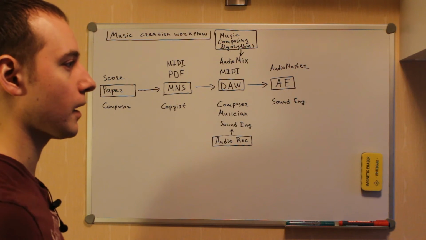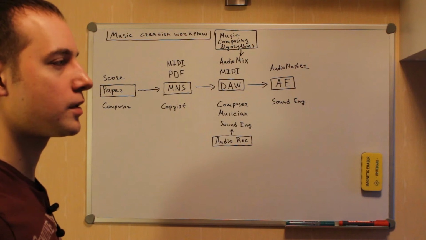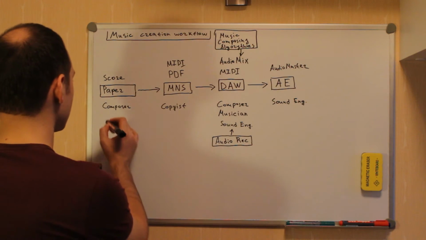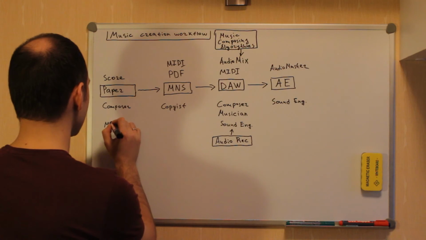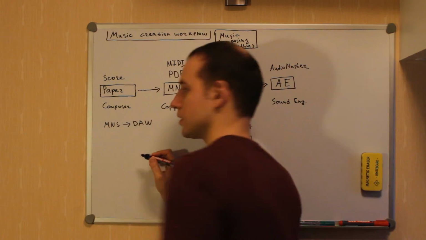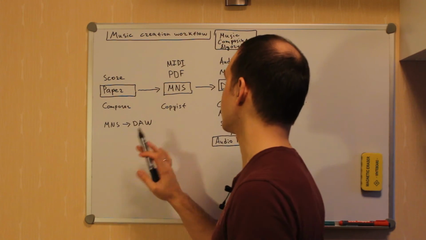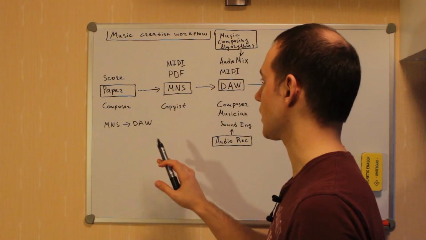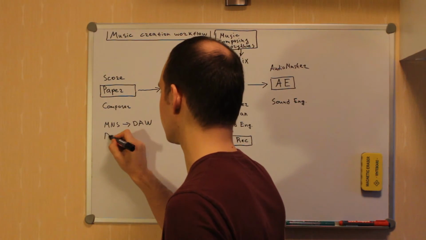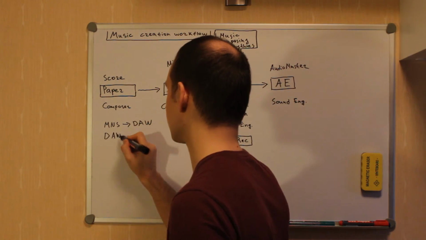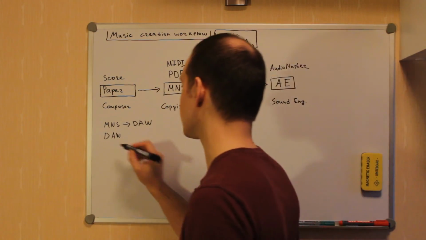So okay, what are the other different workflows? For example, music notation software, then digital audio workstation. This is a simplified workflow, but yet it has all the things. It has the score and it has the sound. Also there can be just the digital audio workstation, and also there can be no digital audio workstation.